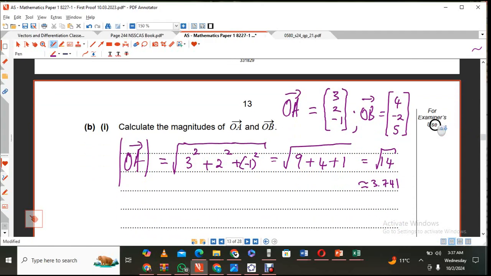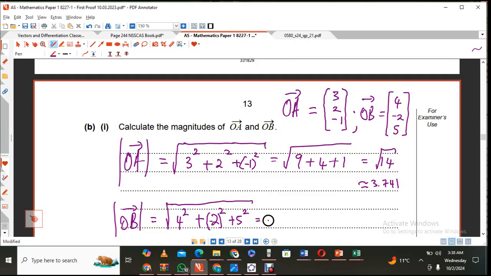Let me then work it out. Again, the magnitude of vector OB, using the concept of Pythagoras, you're just going to say 4 squared. Again, you can just press 2 squared here without putting the minus in brackets and you can get the same answer. Of course, just to have it out there, I'm going to leave it like that, and then plus 5 squared.